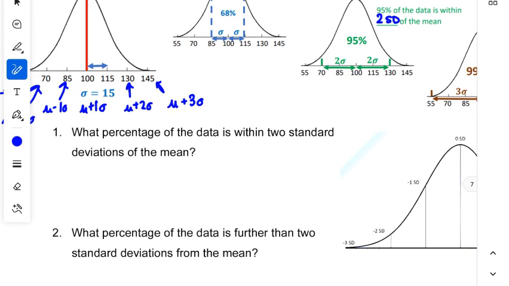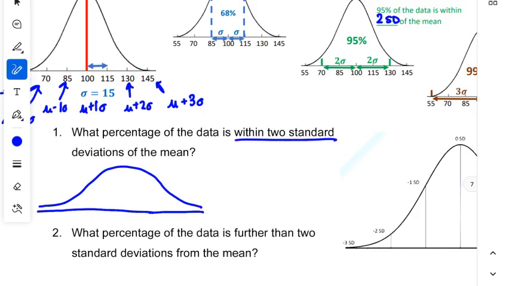What percentage of the data is within 2 standard deviations of the mean? For all 6 problems, we are going to draw what this curve looks like, and then what area we are looking for. It says within 2 standard deviations. So here's our mean, here's 1 standard deviation, here's 2.